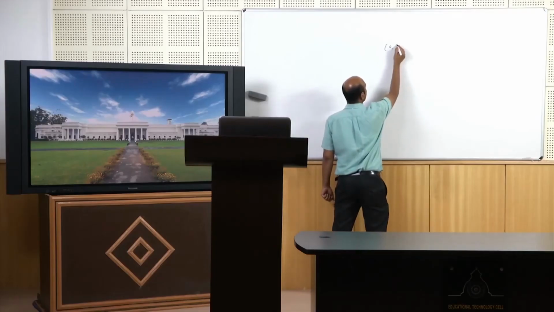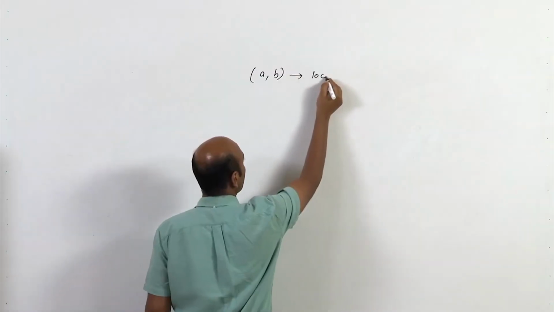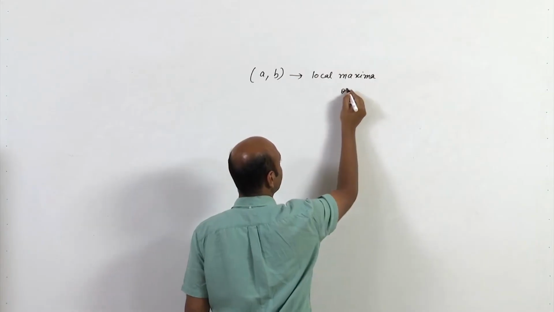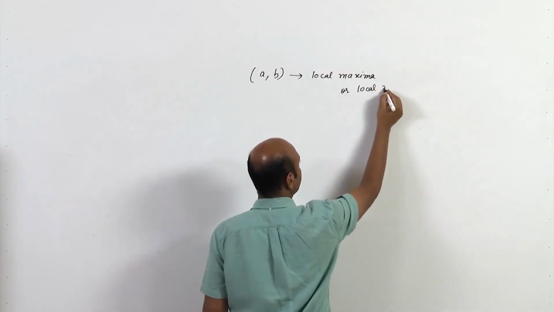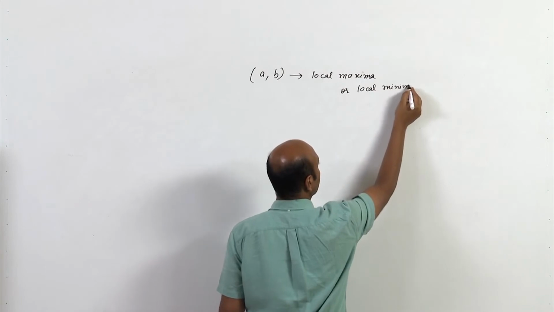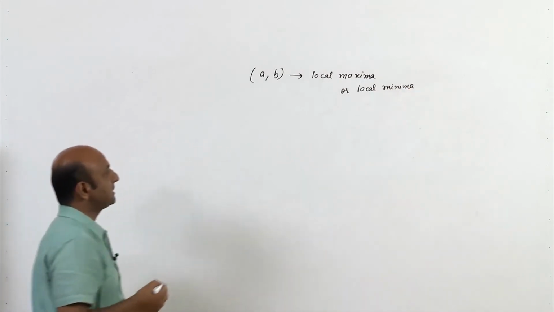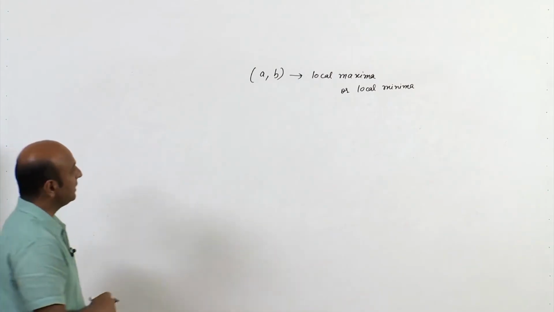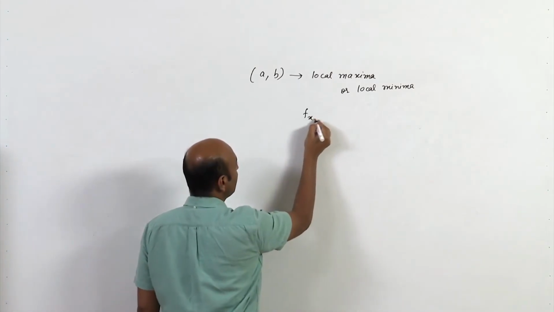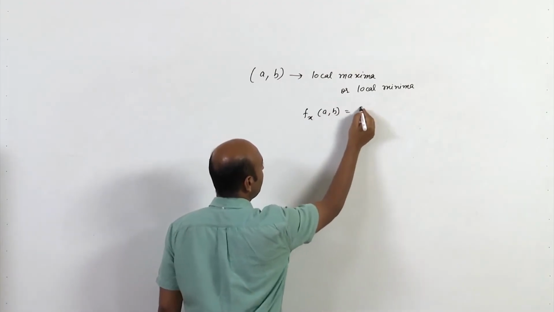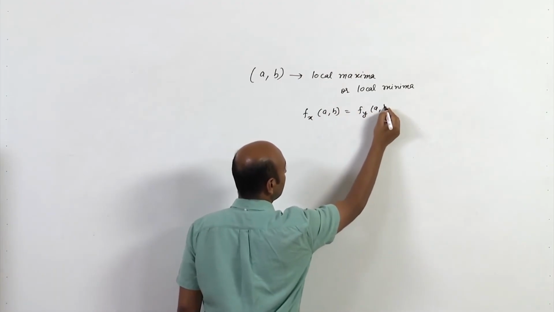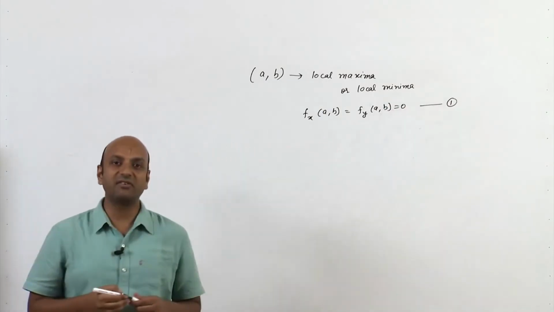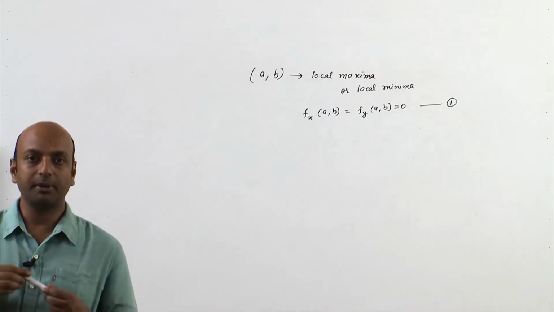Let us suppose (a,b) is a point of local maxima or local minima, and the first and second order partial derivatives exist. Then fx at (a,b) equals fy at (a,b) equals 0. This is by the first derivative test of local maxima or local minima.